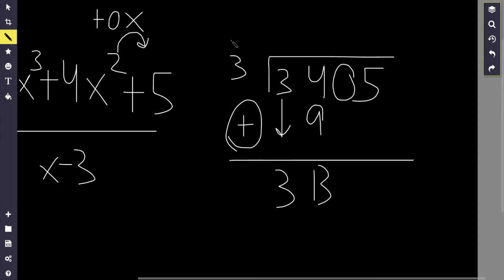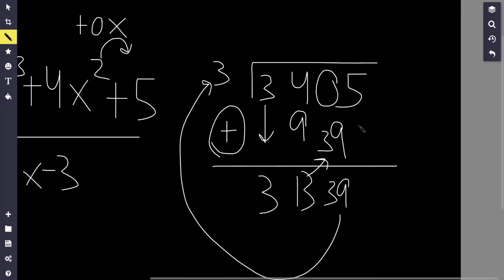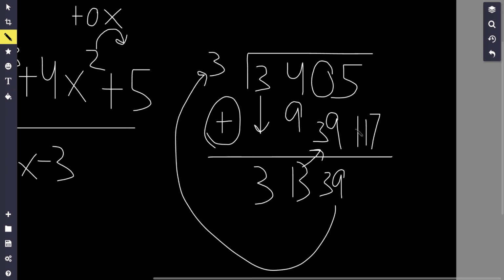So 13 times 3 is 39. 39 plus 0 is going to be 39. Then I'm going to multiply it again by 3. So then I'm going to get 39 times 3, and that's going to be 117. 5 plus 117 is going to give me 122.